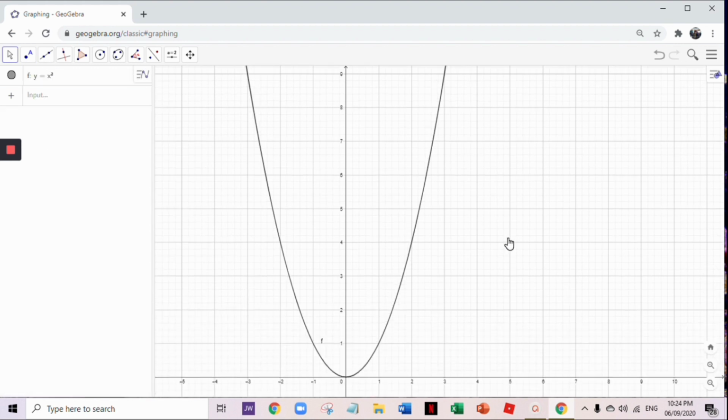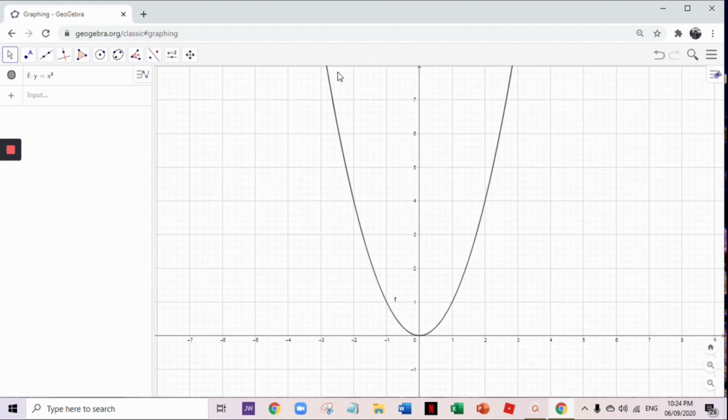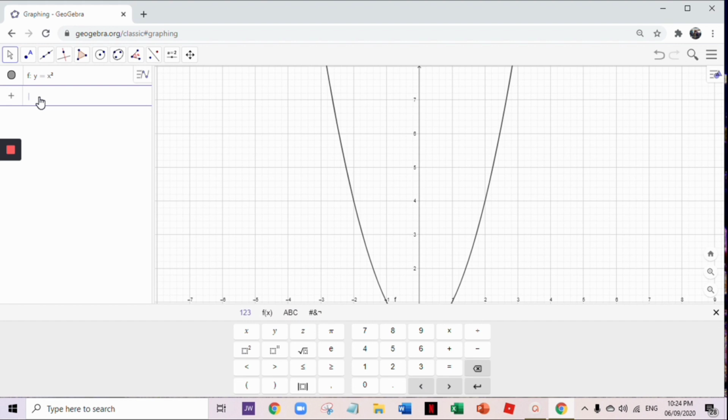Ngayon, i-try natin i-graph yung ating function y is equal to x squared. Alam naman natin na ito yung magiging graph natin kapag in-graph natin ang y is equal to x squared. Ito na yung sinasabi nating parabola at ang vertex niya is 0 and 0. Pero ano kaya ang mangyayari kapag ang value ng a natin ay greater than 1? Let's say y is equal to 2x squared.